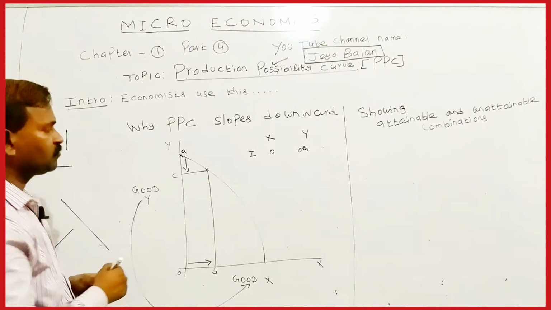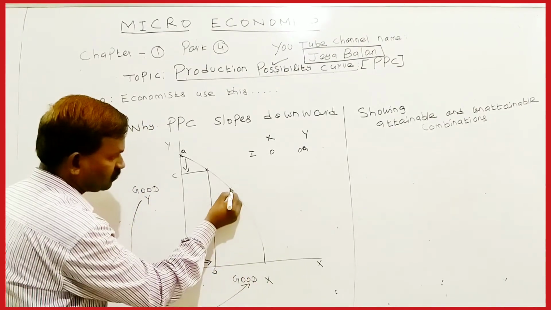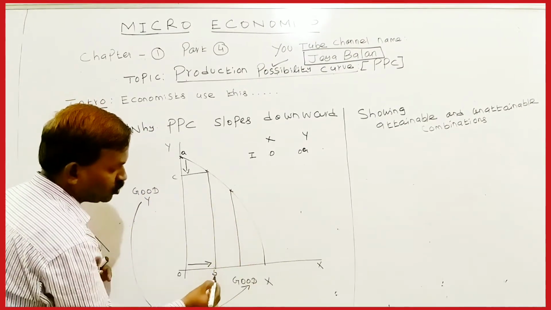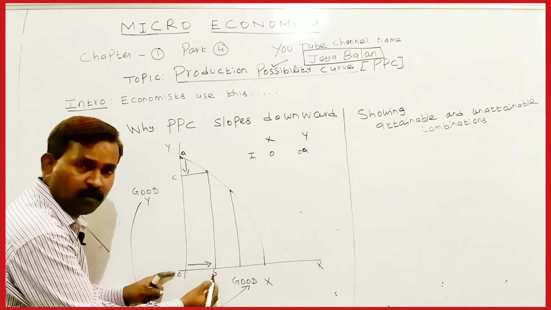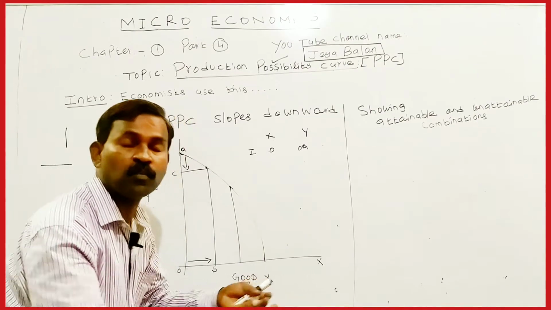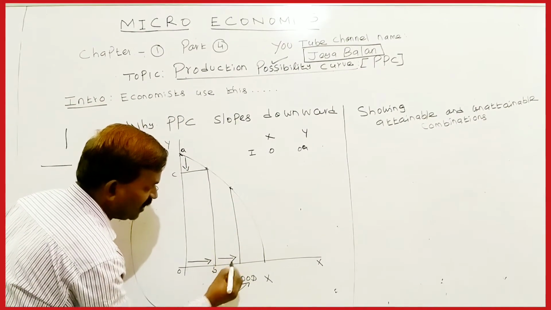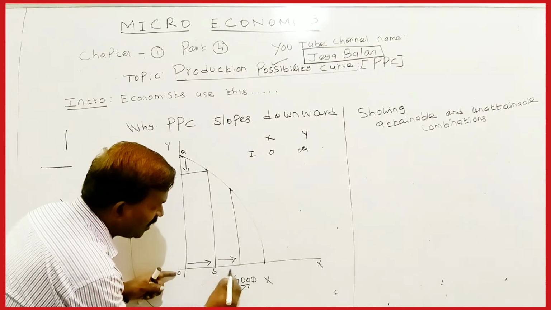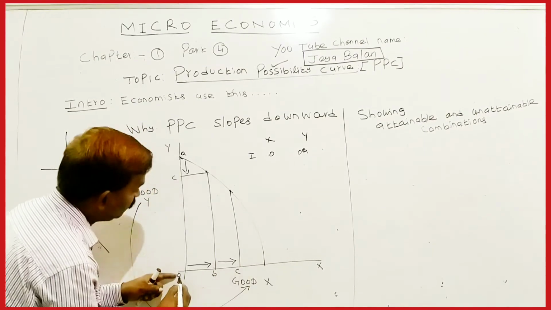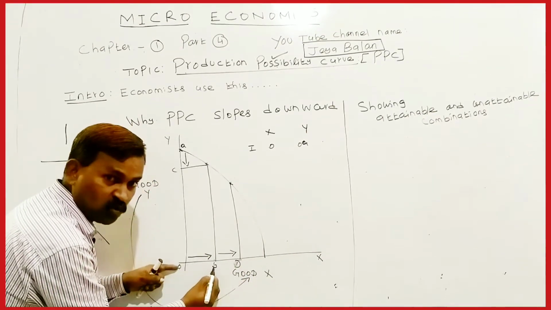Okay, again, you want to increase the production further. You are not satisfied with OB units of good X. You want to further increase the production of good X. So what will happen? Earlier the production was OB.